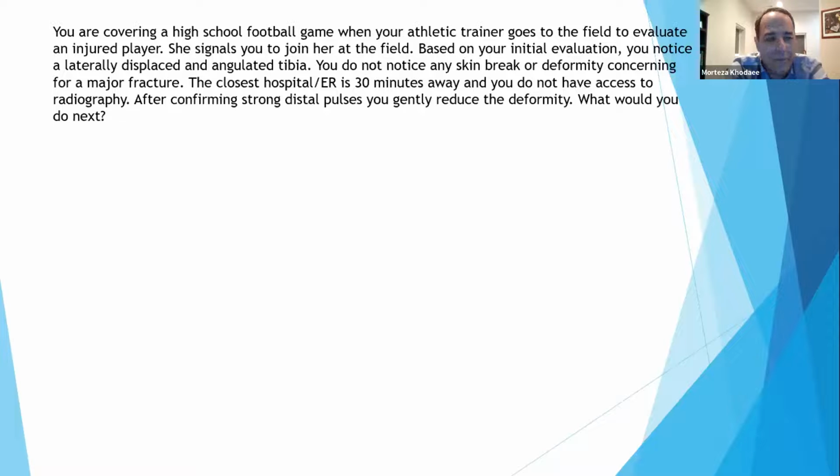What we did with that patient: I had a resident, and I sent the resident with a personal car to the hospital, but I did not take a picture. The resident went to the hospital and told the ER doc this patient had a knee dislocation and was reduced. They didn't believe him.